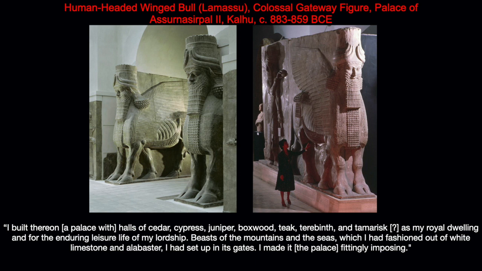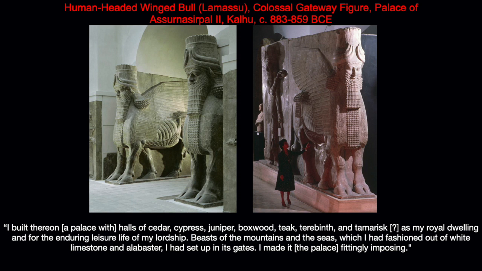Lamassus weren't just built as gatekeepers. They would also be engraved in clay tablets, and then the everyday people would take these clay tablets and they would bury the clay tablets under the threshold of their doors to act as guardians for their homes. As far as city protectors, lamassus would be placed at the cardinal points of a walled city.